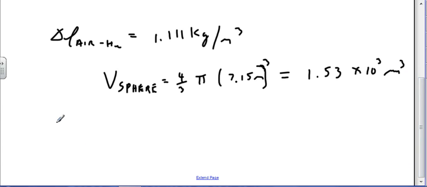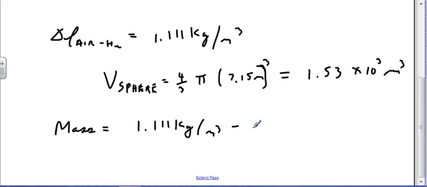So the mass that can be carried would be 1.111 kilograms per meter cubed times 1.53 times 10 to the third meters cubed.